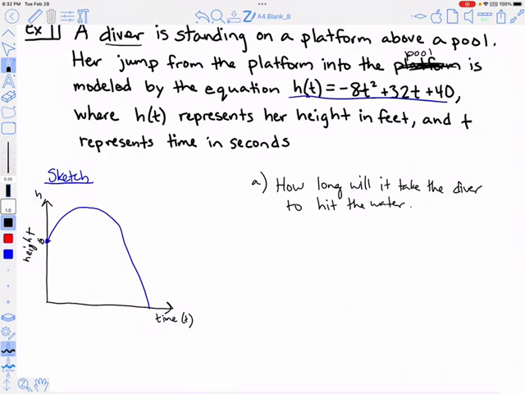If this is height, when would it be hitting the water if the h represents the height above the pool? That would be here, the point where the diver's hitting the water. We're assuming the x-axis here would represent water because that would represent 0 height. So in this case, we want to find the x-intercept.